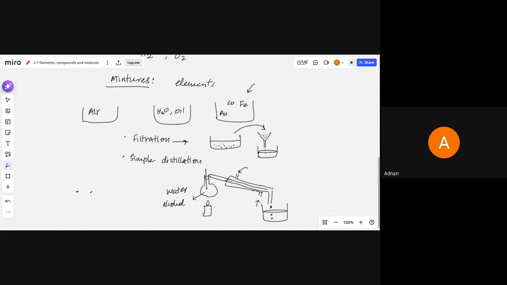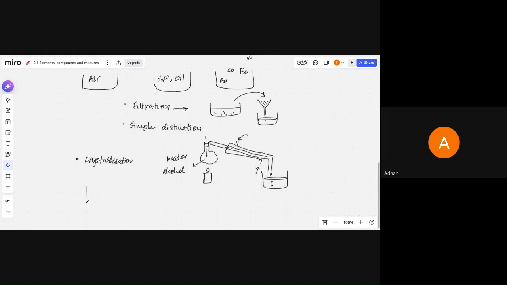Another separation technique that is mentioned in the syllabus is crystallization. Crystallization is when we make a saturated solution of something, let's say sodium chloride in water. Sodium chloride is soluble in water, so it will dissolve, and the crystals will disappear. Now, how do we separate this dissolved sodium chloride from this mixture of water and salt?